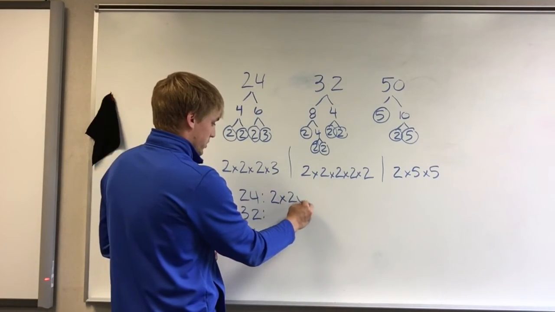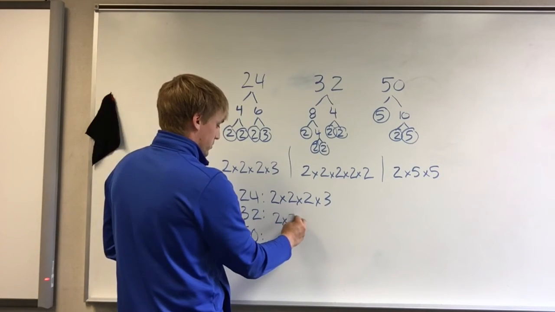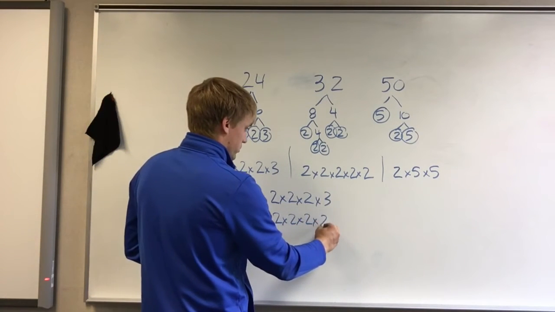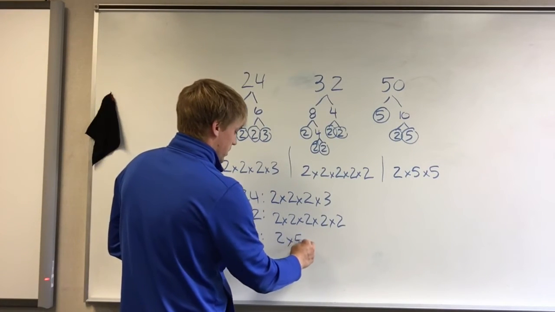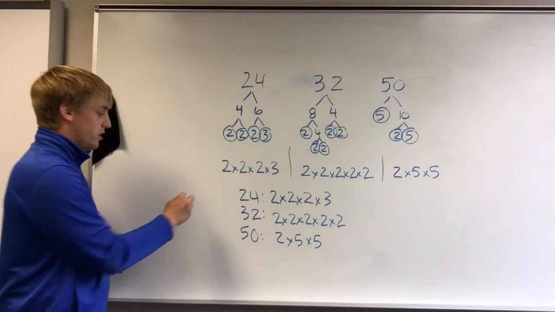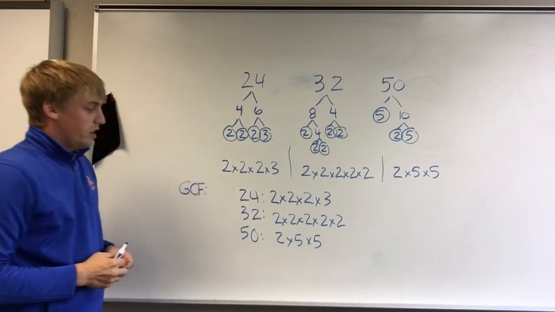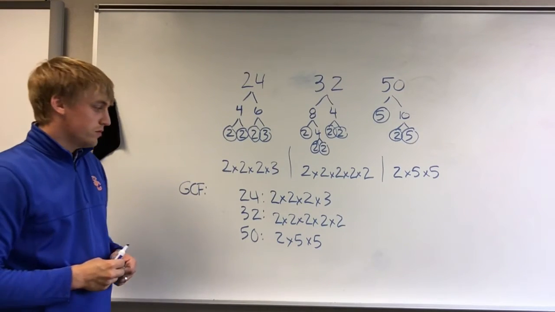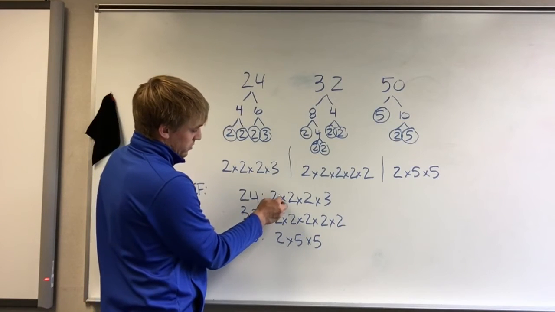2 times 2 times 2 times 3. 2 times 2 times 2 times 2 times 2. And 2 times 5 times 5. Okay, so if we want to find the greatest common factor, or the GCF, we need to find which ones they have in common. So they each have a 2, okay?